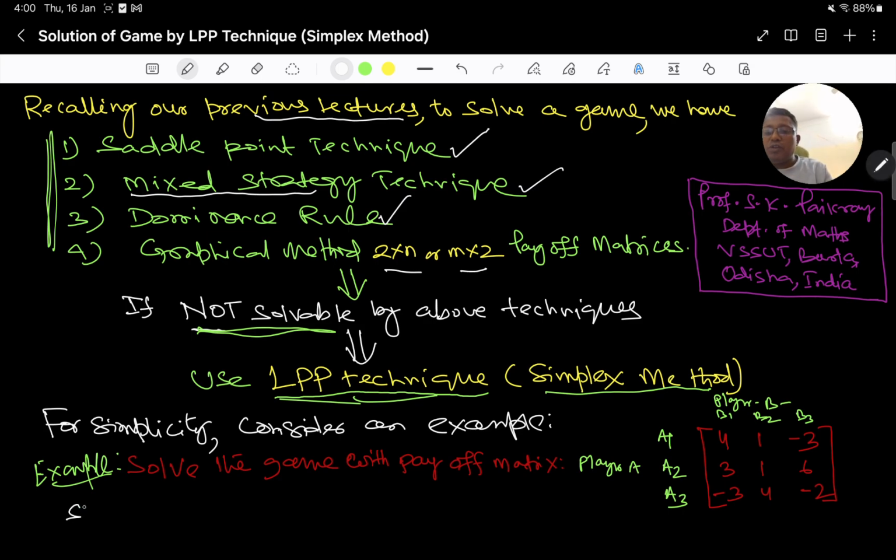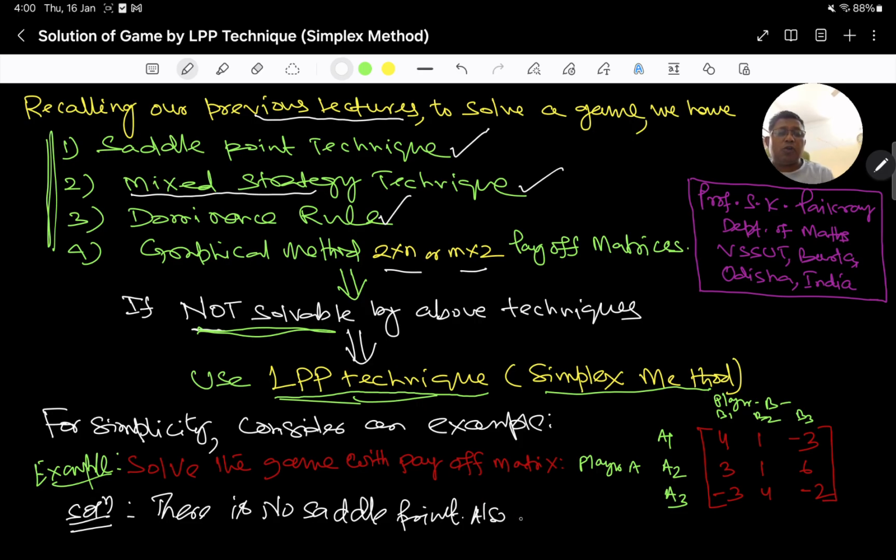Coming to the solution, there is no saddle point, and it cannot be dominated.